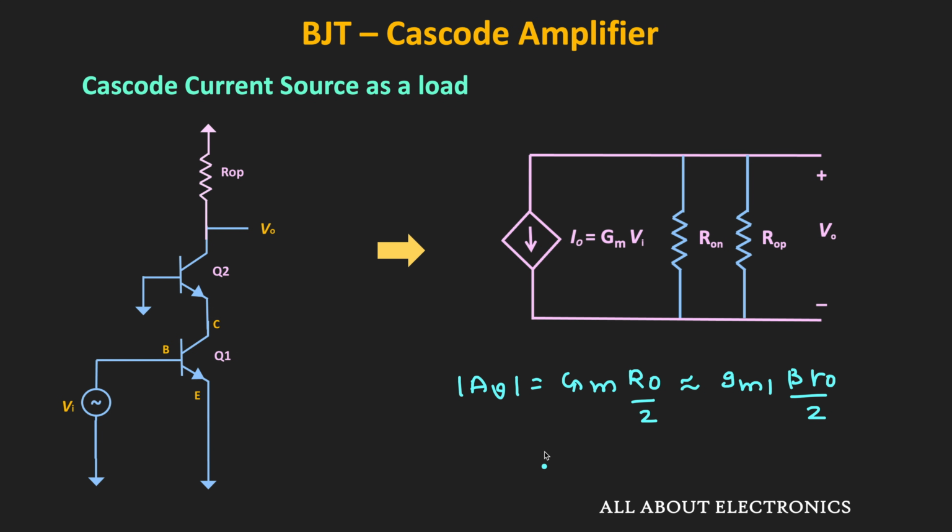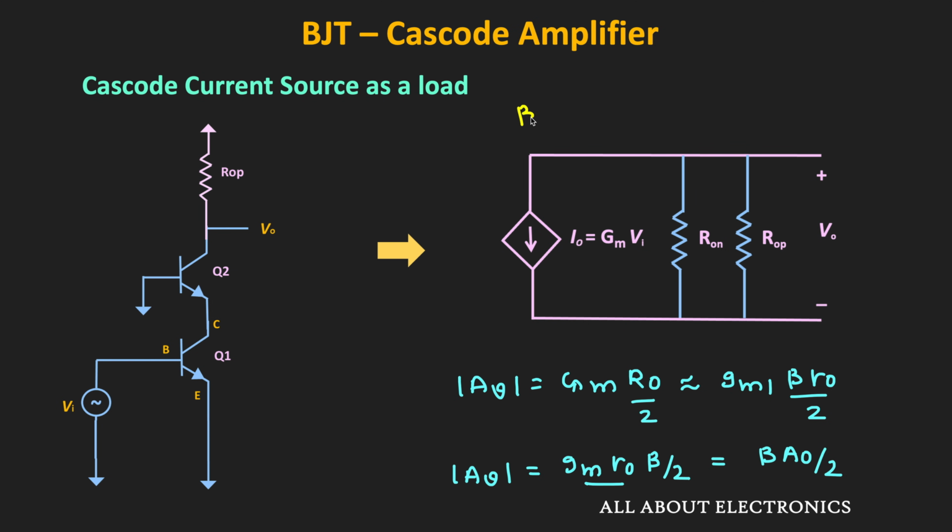And for a moment let's assume that the gm of all the transistors is also the same. So we can say that the overall voltage gain is equal to gm times R0 times beta divided by 2. And we know that this gm times R0 is the intrinsic gain of the common emitter amplifier. So we can say that this overall voltage gain is equal to beta times gm R0 divided by 2. So that is the half of the maximum achievable gain using the cascode amplifier.